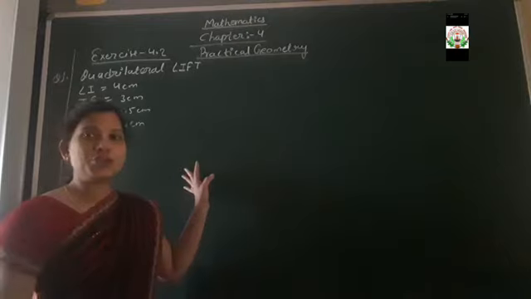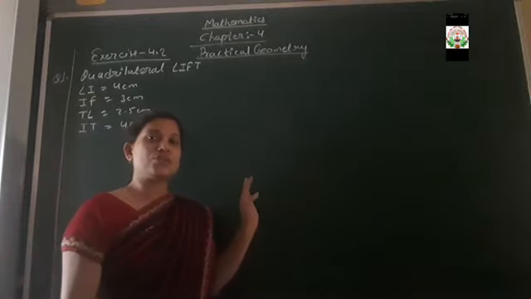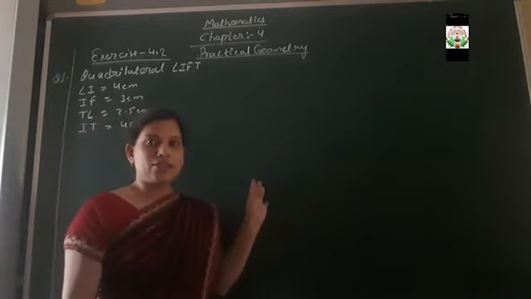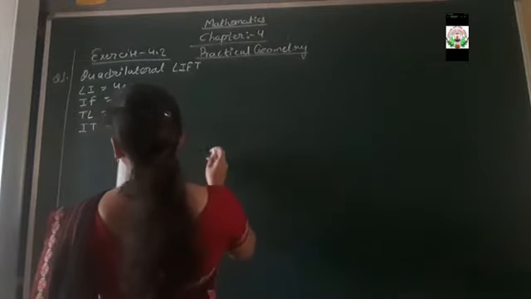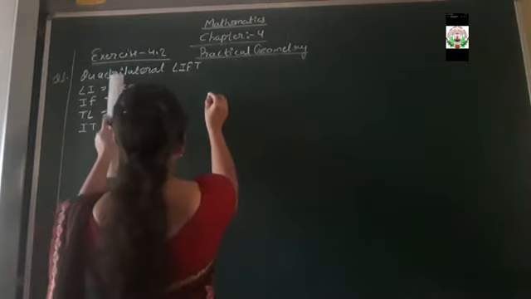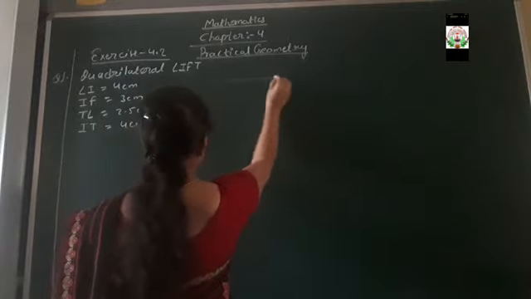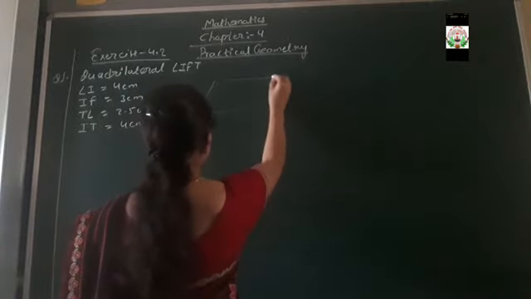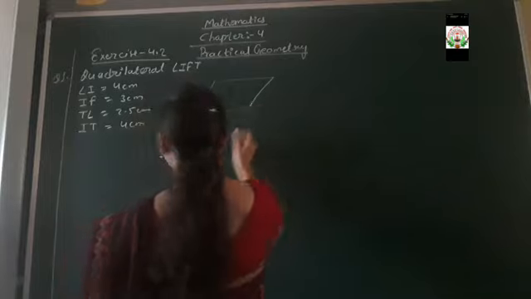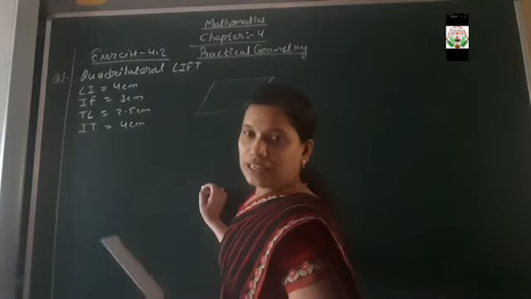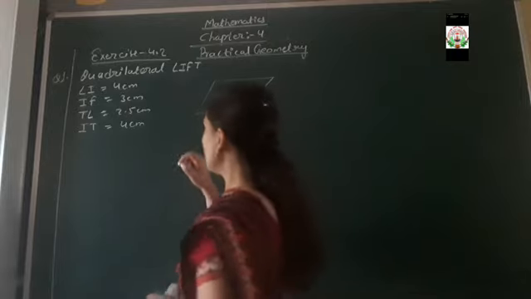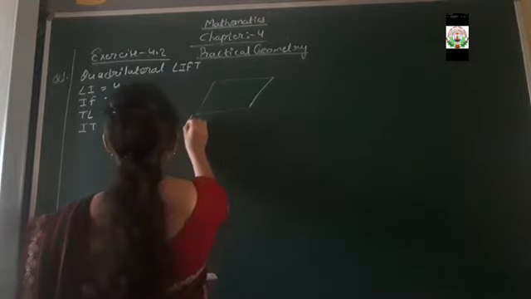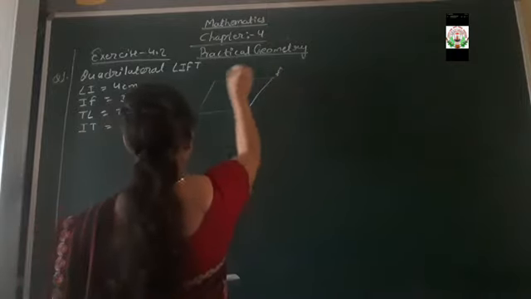Now our first duty is to draw a rough sketch of the following measurements. LIFT is the quadrilateral asked about, so we will draw a quadrilateral like that. Remember, before starting the construction we prepare a rough sketch. So here is LIFT.